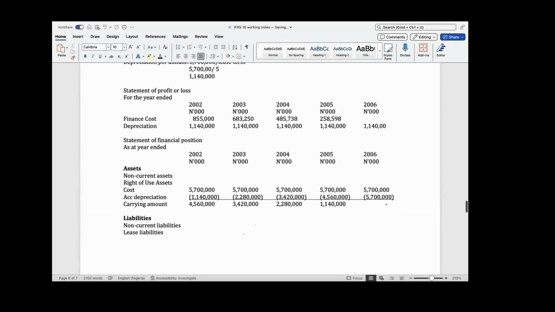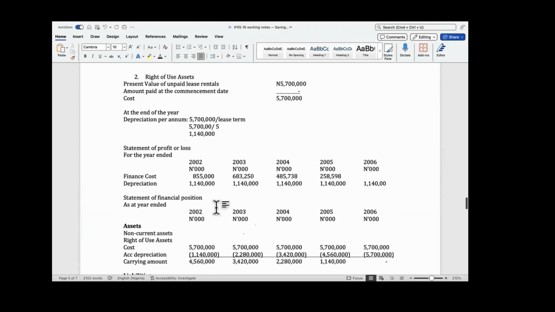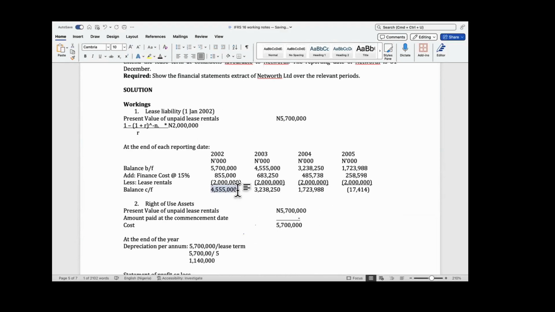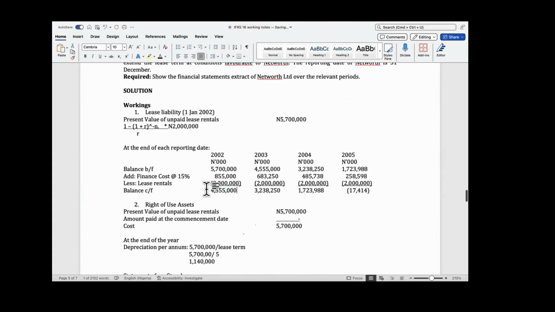In 2002, my lease liability was 4,555,000. However, since part of this amount will be paid next year, that portion should be classified as a current liability, while the balance should be classified as non-current. So this 4.5 million should be split.